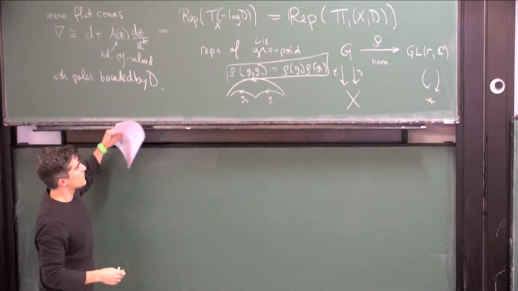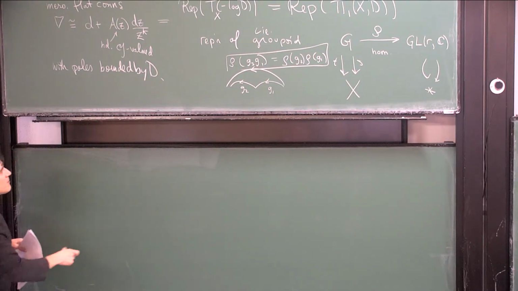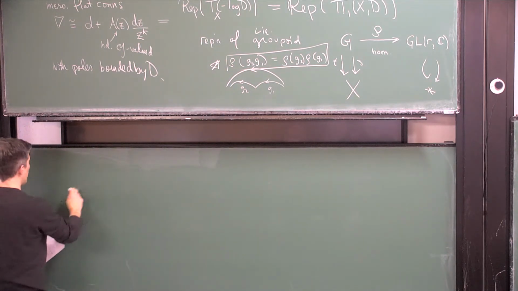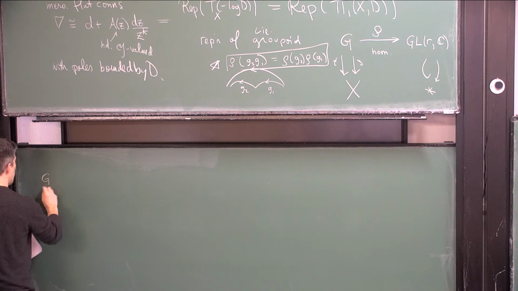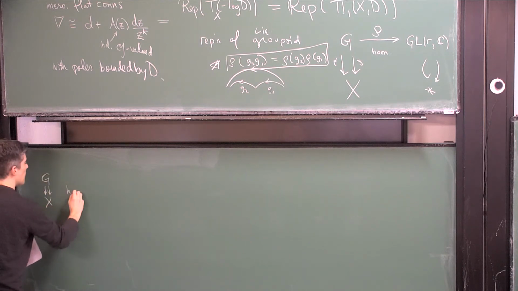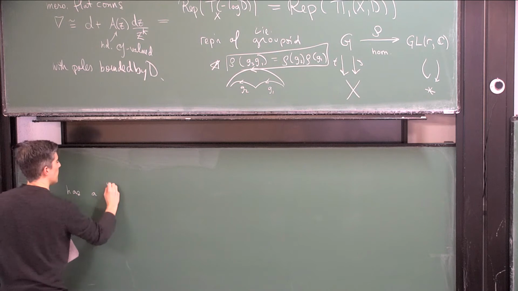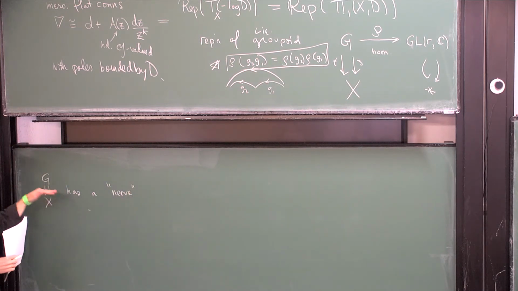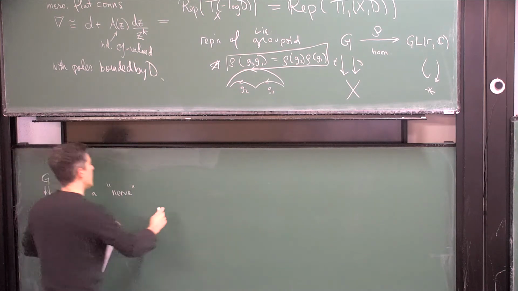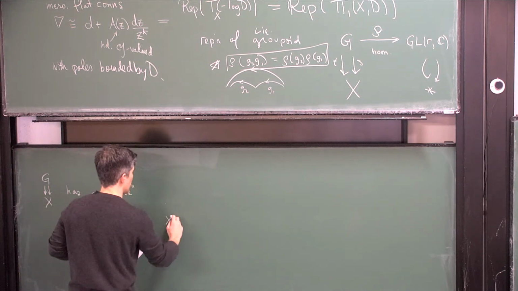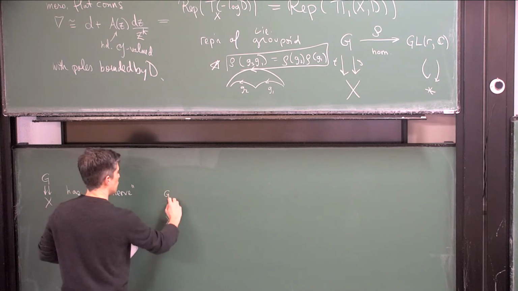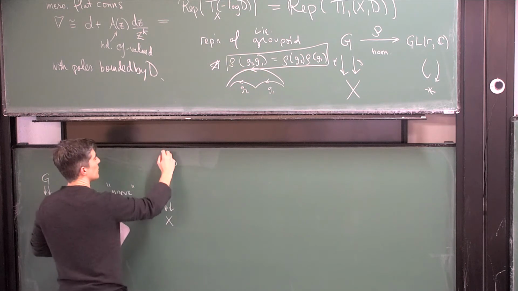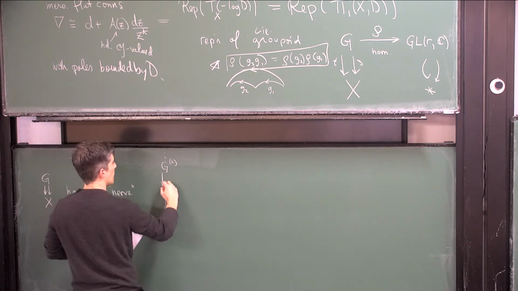Now, let me rephrase that condition in a slightly different way. Whenever we have a groupoid, it has what's called a nerve. A lot of people have nerve, but this groupoid has a nerve. It looks like this. You start with X, you have G, and then you have what's called G2, and it continues after that.